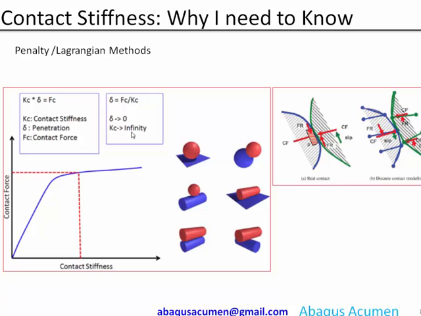So most solvers available in the market allow some level of penetration. It is not 0; they allow some small level of penetration so that they can solve the problem numerically and get an appropriate contact solution. For Abaqus, the penetration allowed is 1e-6 units, whatever unit you use, millimeter or meter.